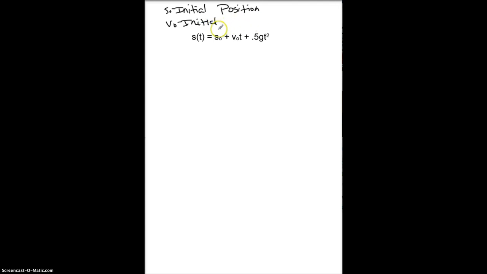There is a difference in speed and velocity, but we're not going to get too much into that right now. So this is your initial, I'll just call it speed. Now, your initial position is positive if it's to the right or up, and it's negative if it's left or down. And that's true for your initial speed as well.